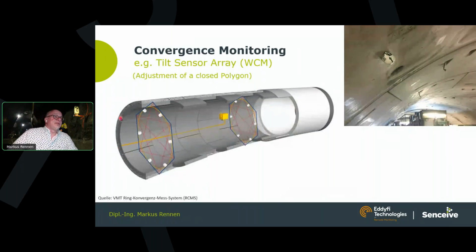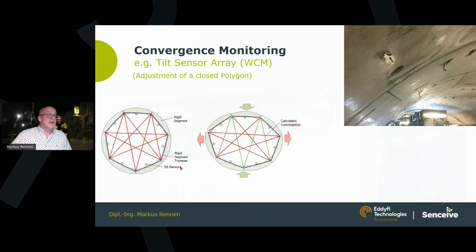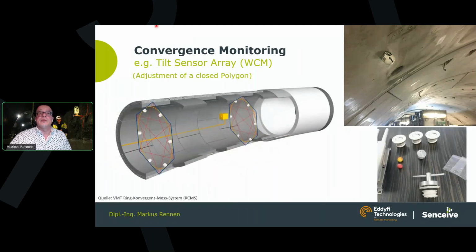The segments themselves can be considered as rigid, and mounting tilt nodes to these individual segments, one can create installing tilt nodes here on the top, or even very small, in our case, nano nodes that are screwed with these specifically designed brackets into the screw holes here.